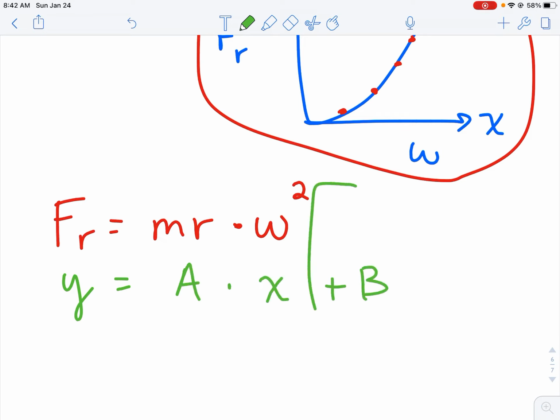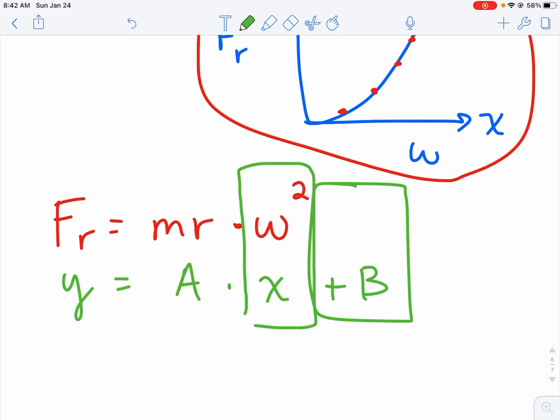Now we don't have a plus b component to our equation. It's just mr times omega squared. So what we need to do is graph not omega but omega squared on the x-axis.